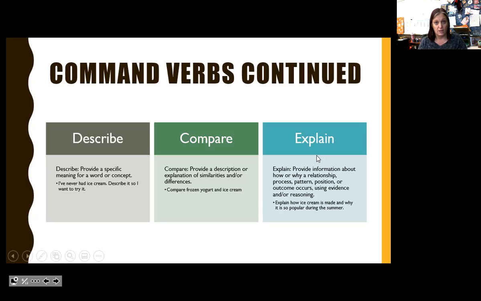Okay. Hope you guys have the difference now between describe and explain. Describe just gives me a rough overview. Explain tells me much, much more detail, much more in depth. The last one you want to be concerned with is compare. Compare is when I have to provide a description of similarities and differences. So in our original one, I asked you to compare frozen yogurt and ice cream. We know that frozen yogurt and ice cream are both made out of dairy products. We know they both have sweeteners and flavorings in them.